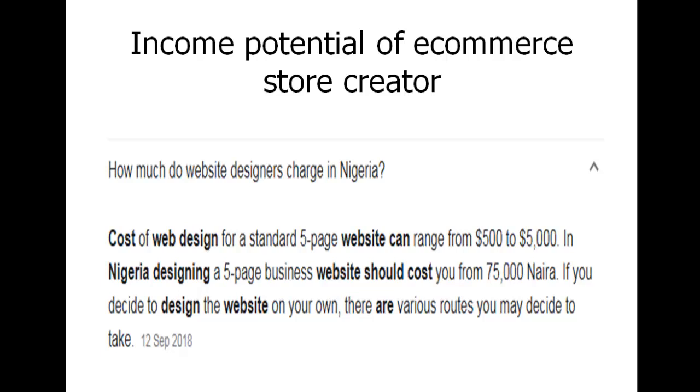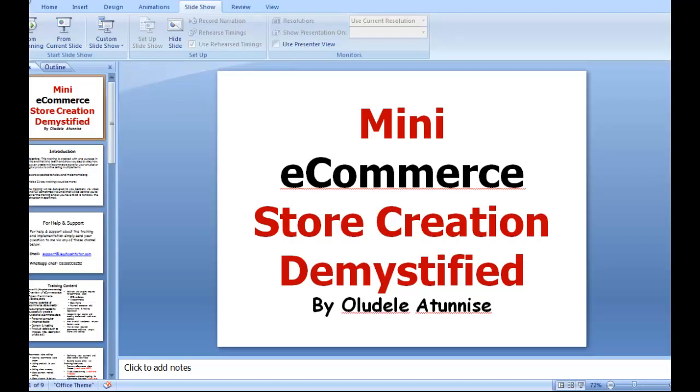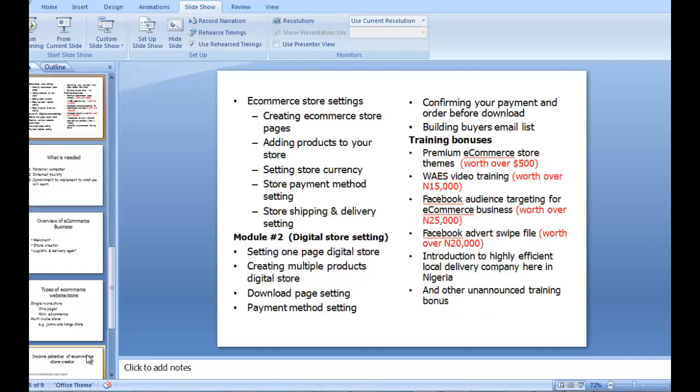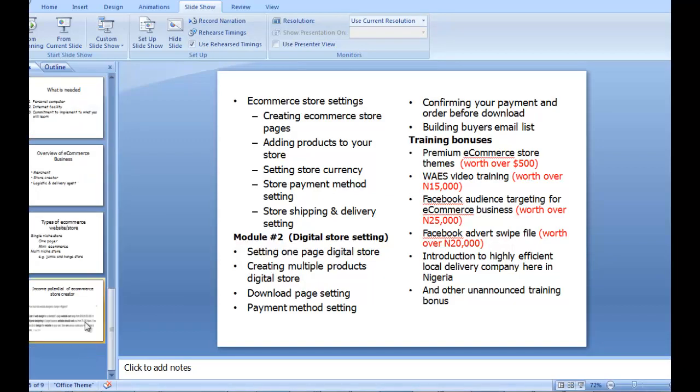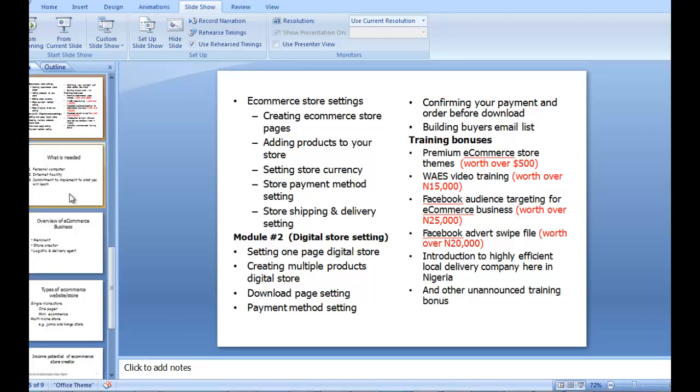We shall be looking at another presentation tomorrow, the day 2 presentation.